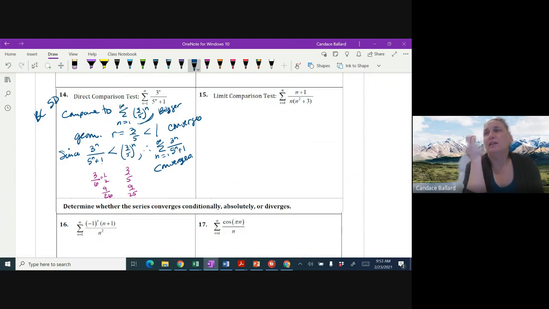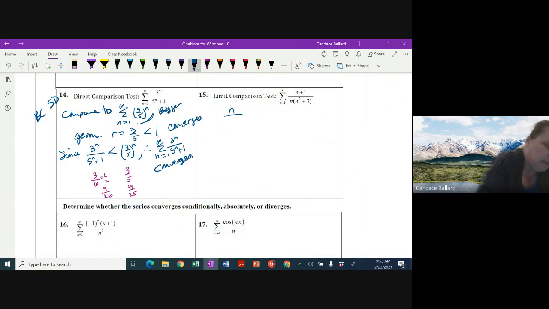Because again, think about what we're doing. We're talking about something that's going to infinity. So any number that's small, like 3 and 1, those are going to be fairly insignificant, okay? So when I try to make a comparison series, I kind of ignore the numbers, unless I've got some exponential that I've got to deal with, okay? So really what I'm seeing is what Gabby saw, and Lorenzo to the point.